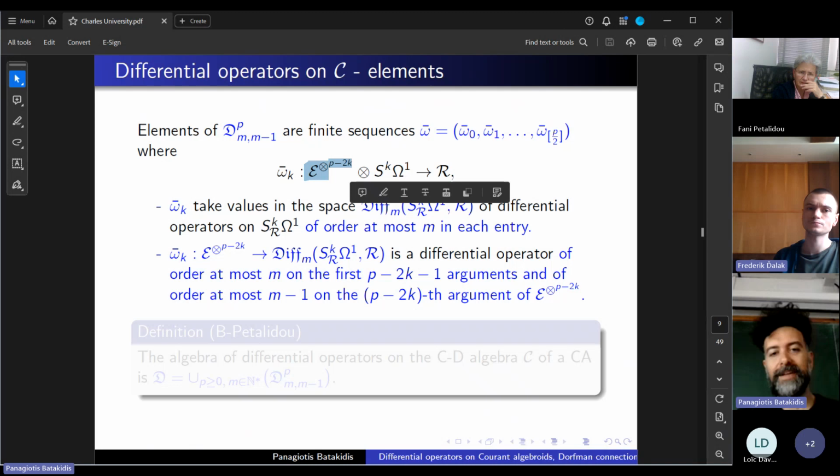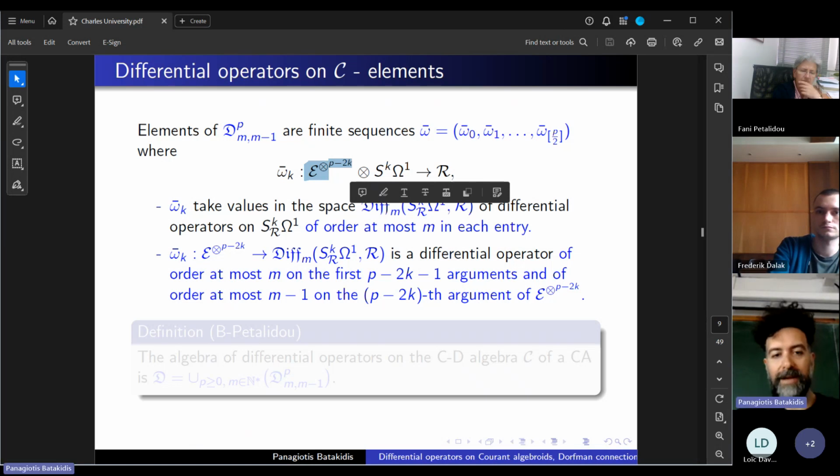It's clear what the generalization is, because for a just Courant Dorfman algebra, you had m equals 1 over here. If I take m equals 1 over here, I get the Courant Dorfman algebra back.